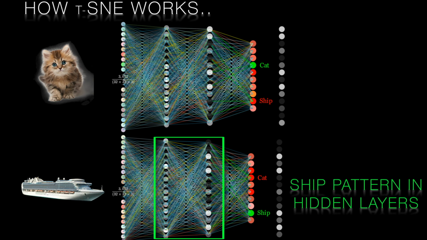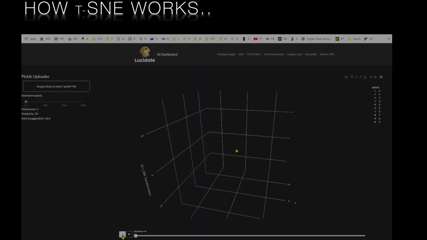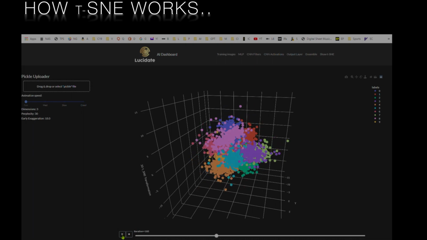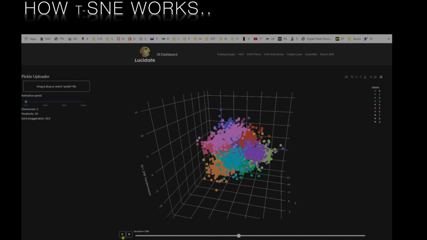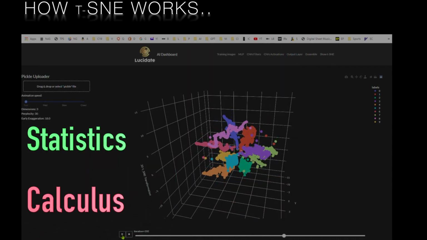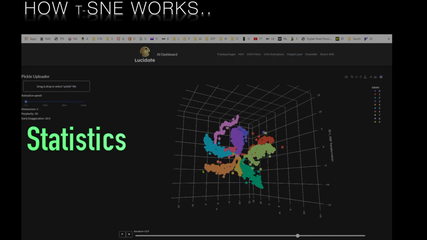t-SNE can cluster these activations together on a chart. No matter how many neurons make up our activations, t-SNE will figure out which ones are similar and group them together. It does this using both statistics and calculus. We'll focus mainly on the statistics here. The calculus it uses is frankly familiar to us already.